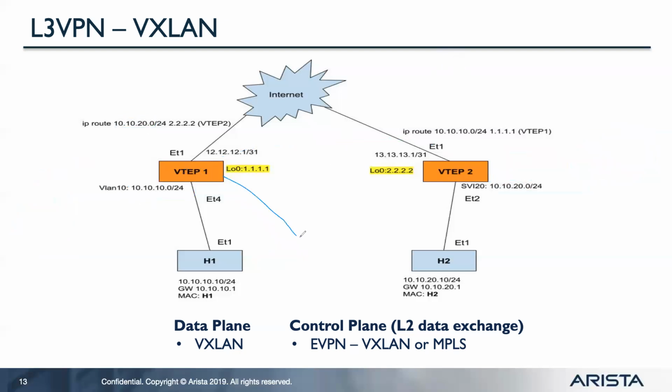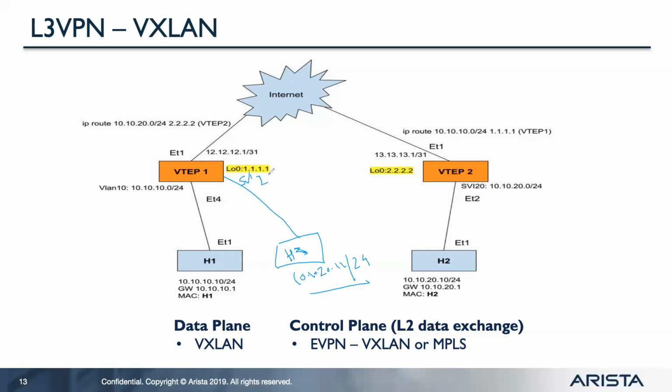That is what we do in VXLAN, right? So let's say this H3 host, which has 10.10.20.11/24. Now in this case, what we have to do is, obviously, for this subnet we will have an SVI configured here, right?